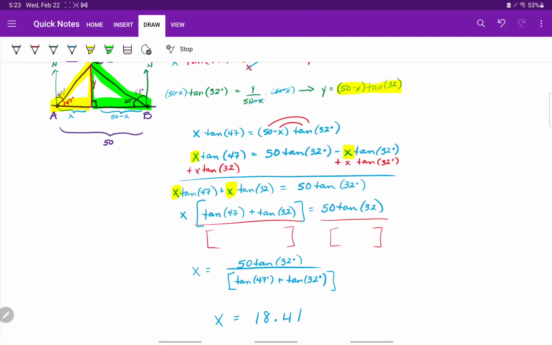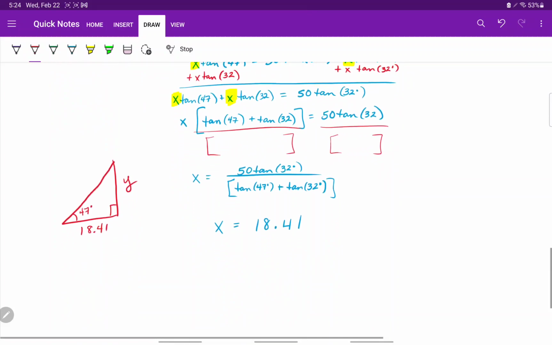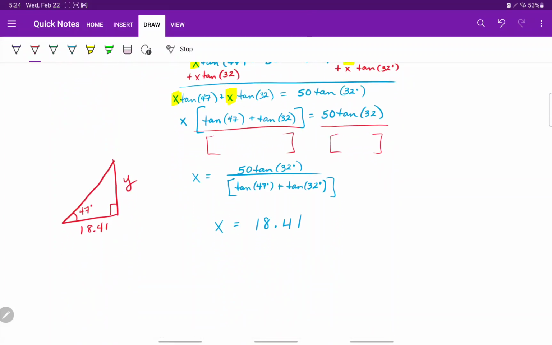And what that gives us is the bottom of that yellow triangle. So I'm going to draw a breakout of it. And now that we have the bottom of that triangle, we can use SOHCAHTOA to find y, which is that right side of the triangle, which is our distance from the dinosaur to the road.